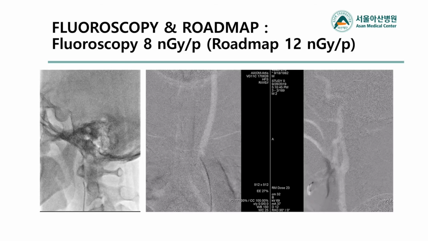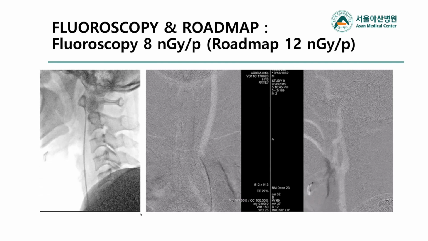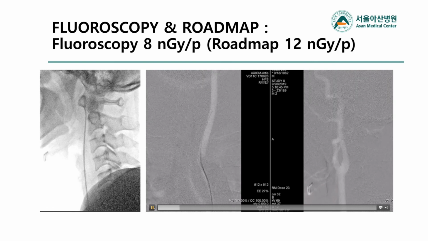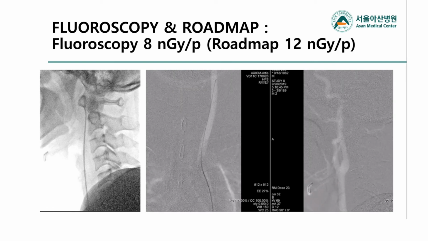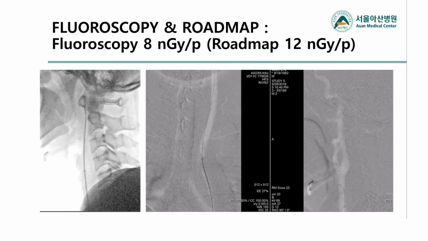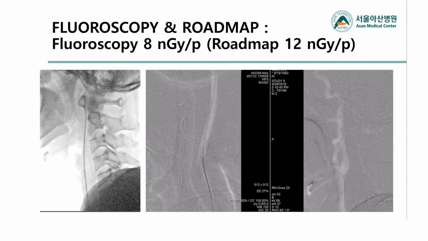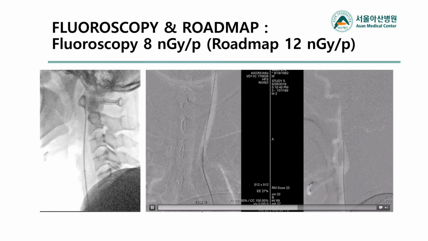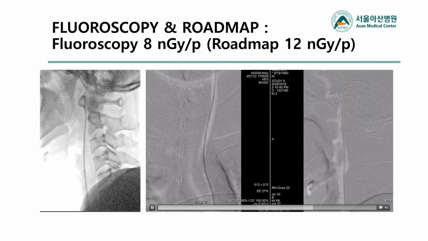This is a video clip of fluoroscopy and roadmap images obtained with the 8 nanogray protocol. A little bit grainy, but acceptable for angiography examination. Interestingly, most of the operators were not aware of this low dose setting before they were informed.